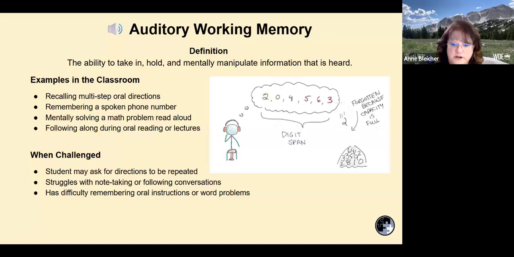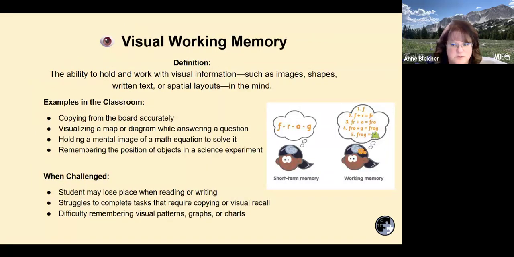And then for visual working memory, this is what you take in visually and are able to hold on to and manipulate. So things like copying from the board accurately, holding a mental image of a math equation to be able to solve it. In reading, for words that you cannot sound out, so sight words.